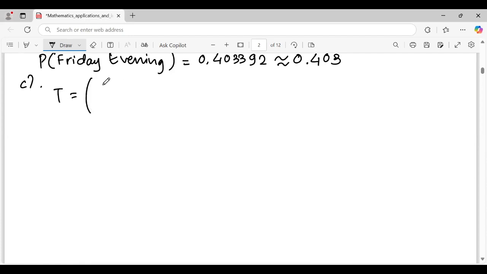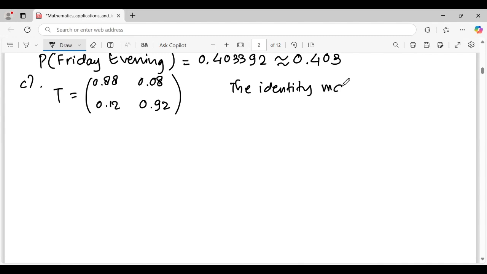Matrix T is [0.88, 0.12; 0.08, 0.92], and the identity matrix of order 2 times 2 is [1, 0; 0, 1].